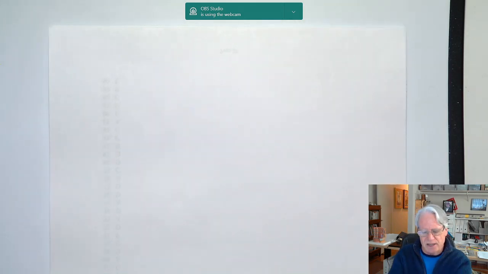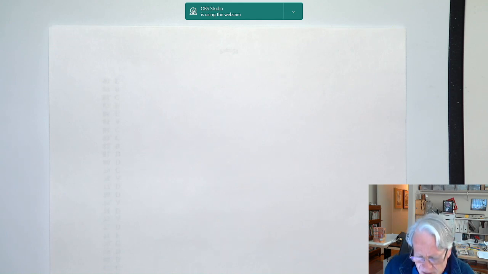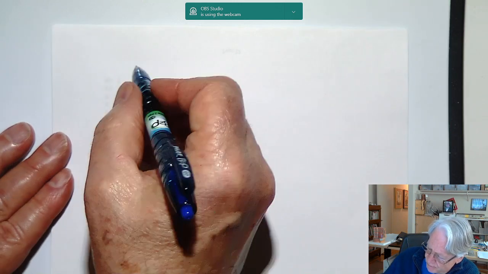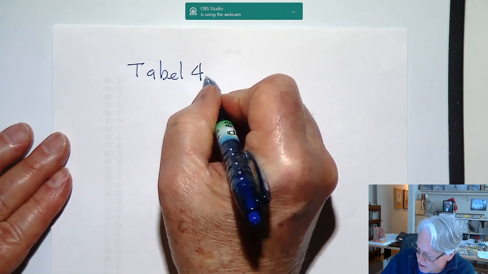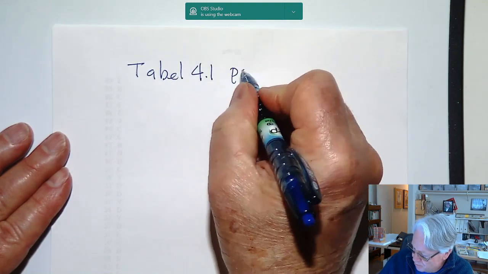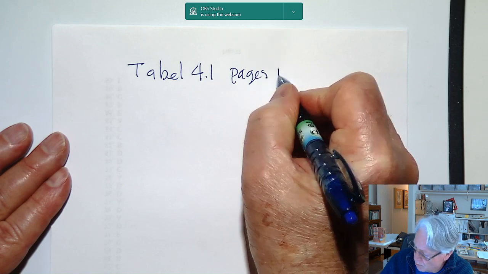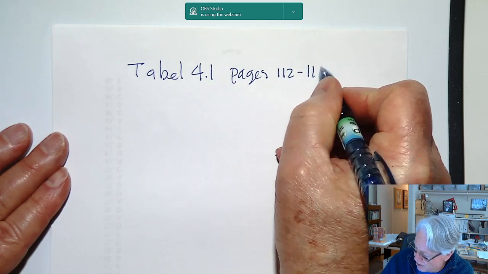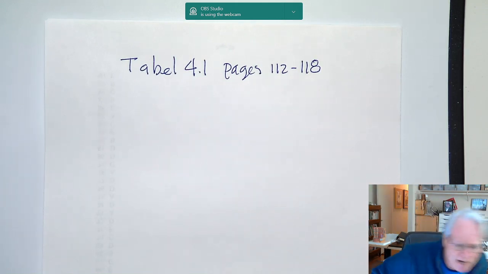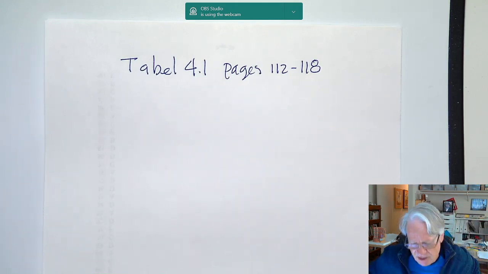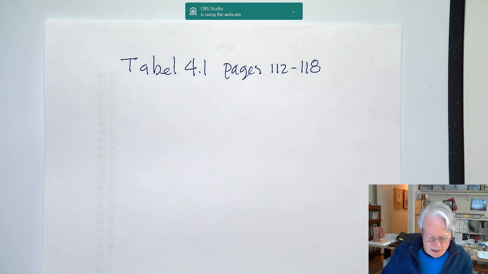All right, well, as I said, we're going to do a survey of the various types of epithelial tissue, and I would urge you to look at this table. This is where I'm getting my information. Table 4.1, pages 112 to 118. So there's a very nice table in the textbook which lists everything that we are about to talk about, and all the information, if you somehow miss it in my lecture, is there.